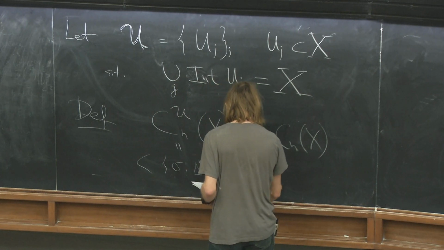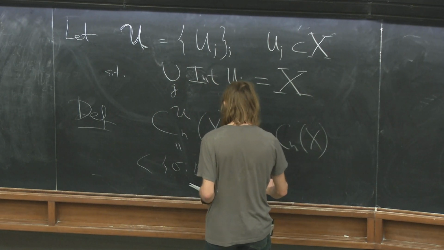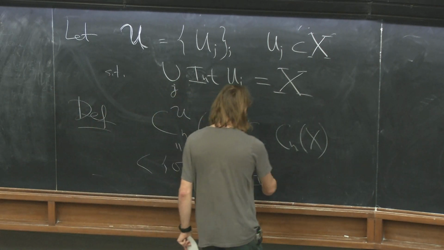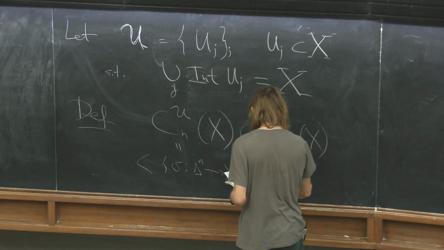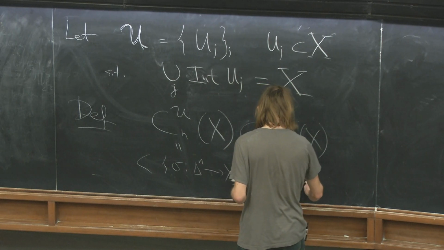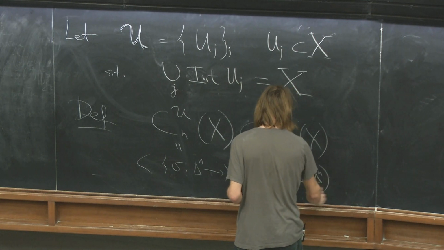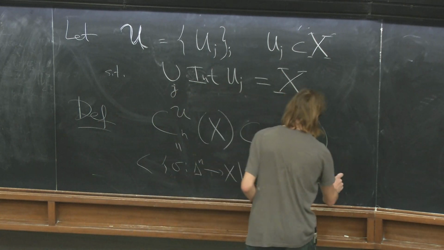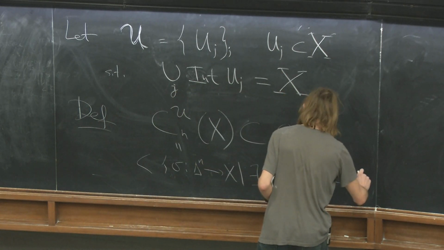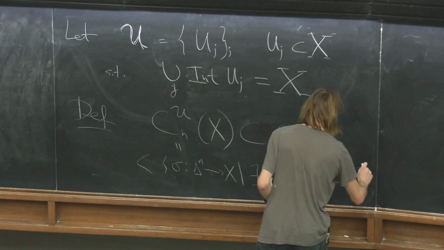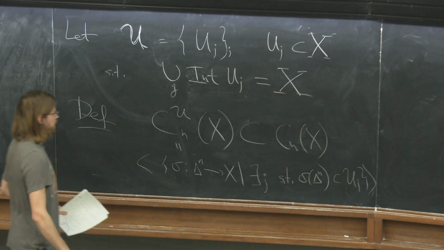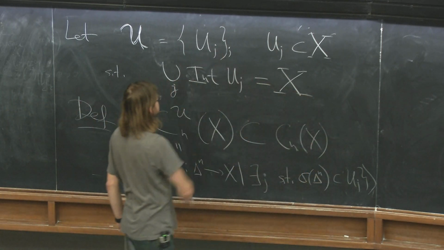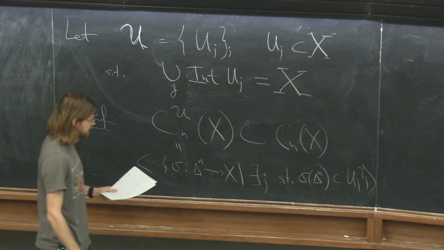But here we want to require an additional condition that we only consider maps such that there exists some index j such that the image of this singular n-simplex is contained in one of the subspaces Uj in this collection.